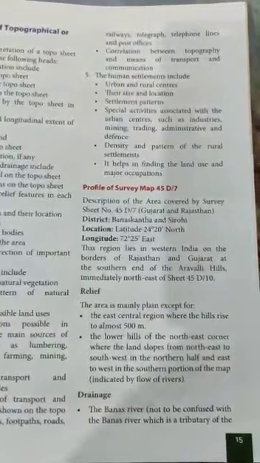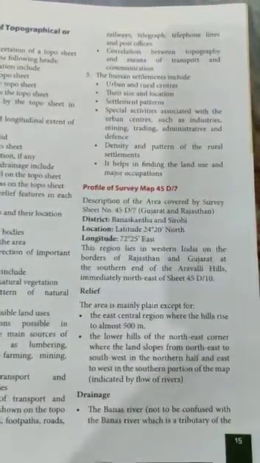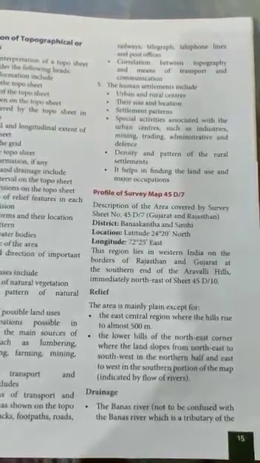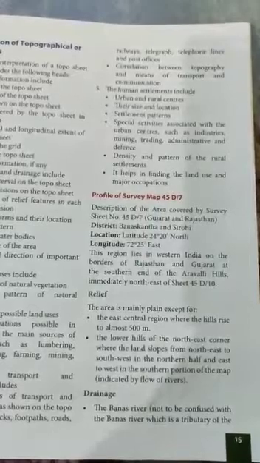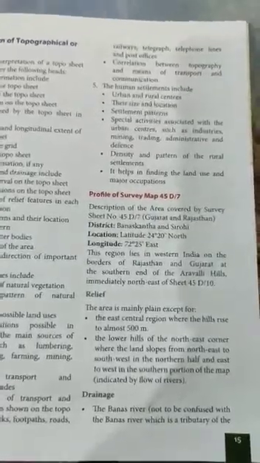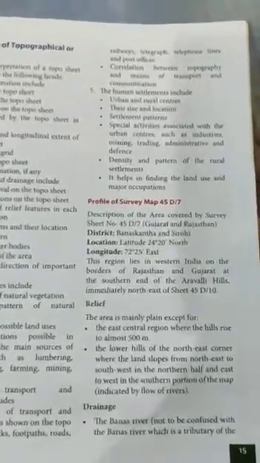Location latitude 24 degree 20 minutes north, longitude 72 degree 25 minutes east. Now this region lies in western India on the borders of Rajasthan and Gujarat at the southern end of the Aravalli Hills, and immediately northeast of sheet 45D by 10. So this is another sheet, that is 45D by 10.